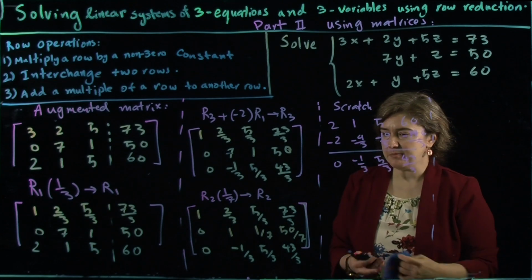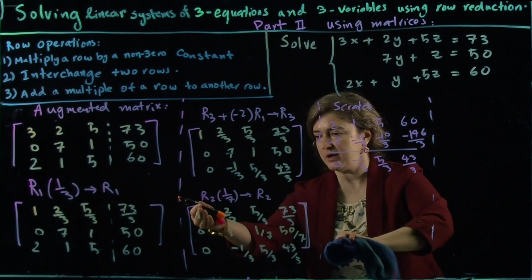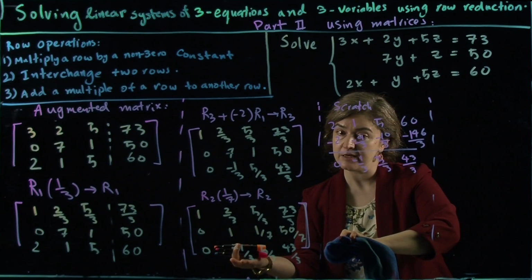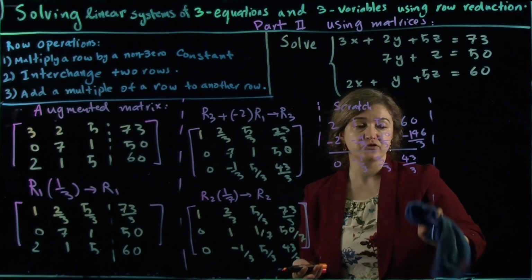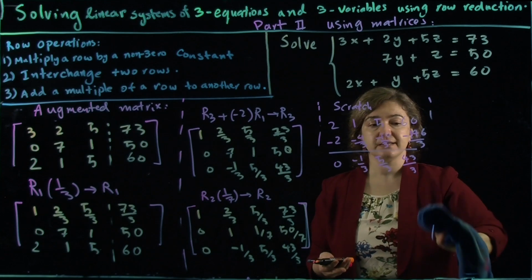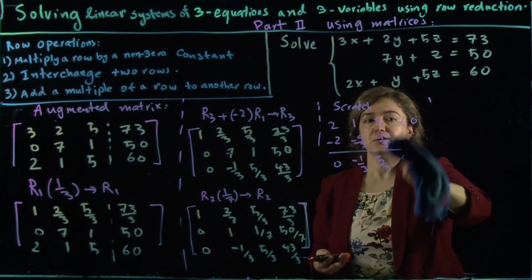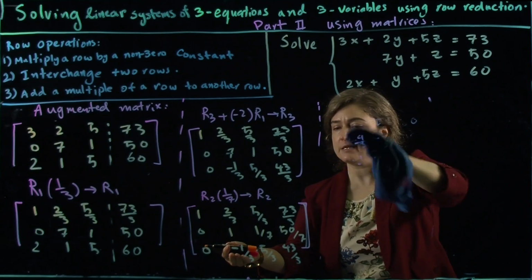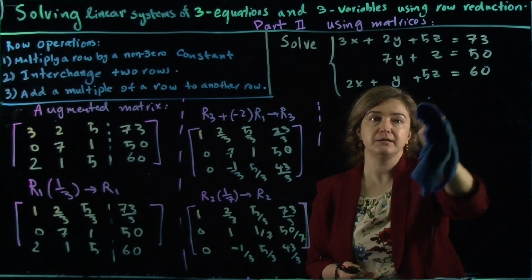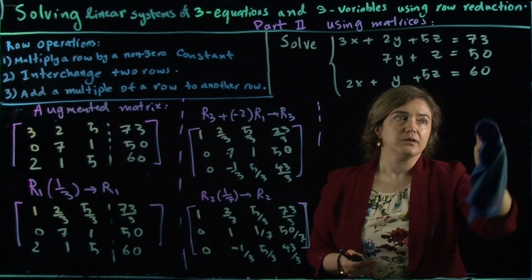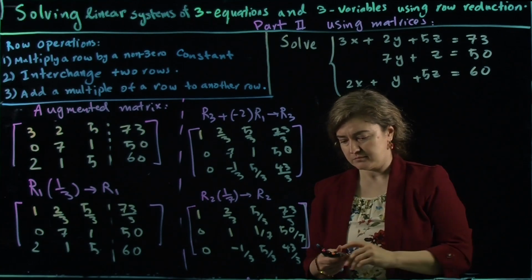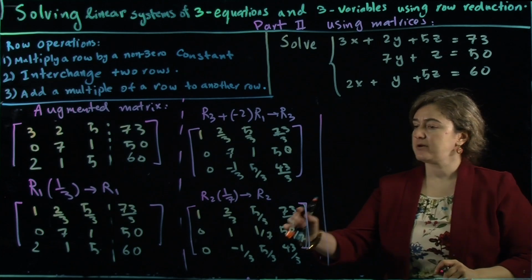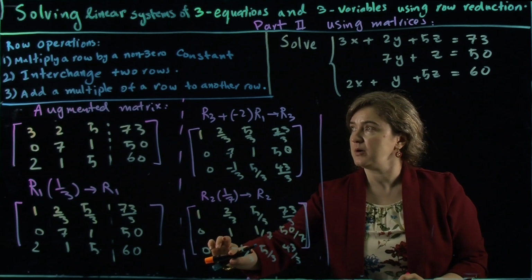The next step: now I have one leading 1, zeros underneath, another leading 1, and there is a non-zero entry underneath. So the next step would be to create a 0 underneath that leading 1. Going back in here, how do I create a 0 underneath the leading 1?